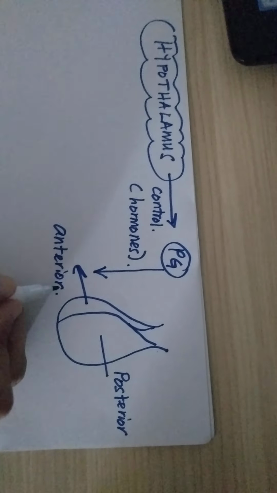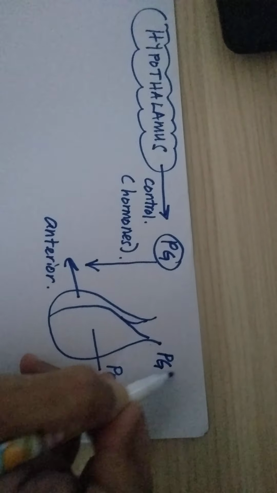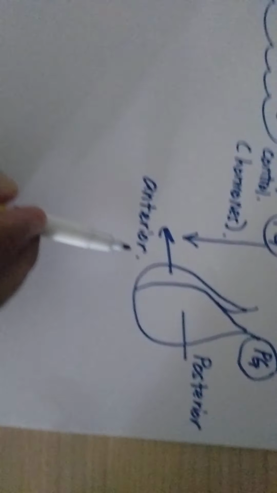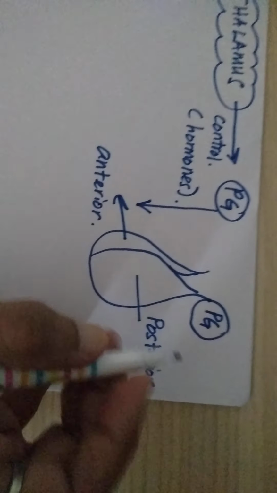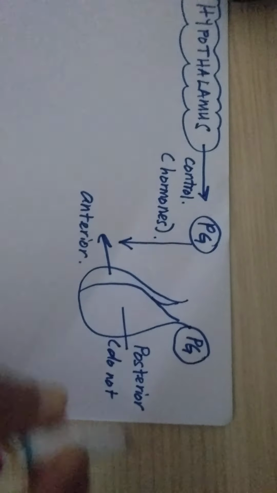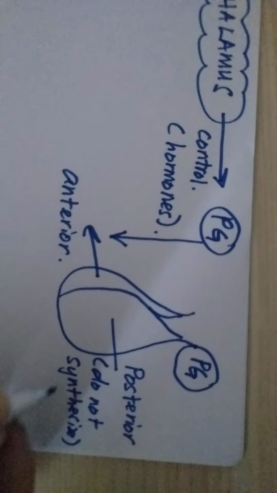Now the anterior part of the pituitary gland does not make any hormones. The anterior part just keeps two hormones inside. Sorry, not the anterior, the posterior part does not synthesize any hormones.